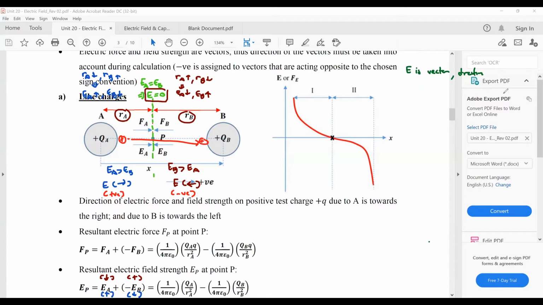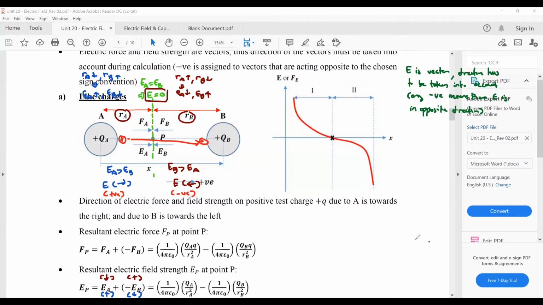In my case, I'll just say this: direction has to be taken into account. So any negative means that E is in the opposite direction. Okay, E is a vector, direction has to be taken into account. Any negative means that E is in the opposite direction.